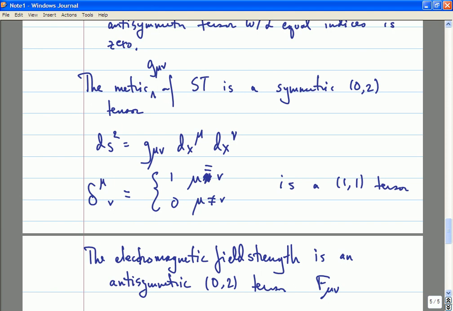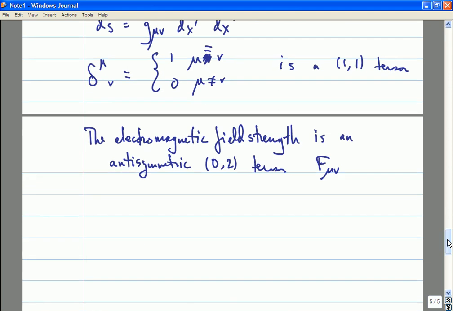Now, it's worth pausing here and just stepping back for a second. Why have I been so careful in my discussion of tensors?